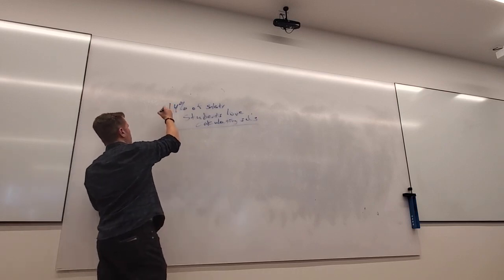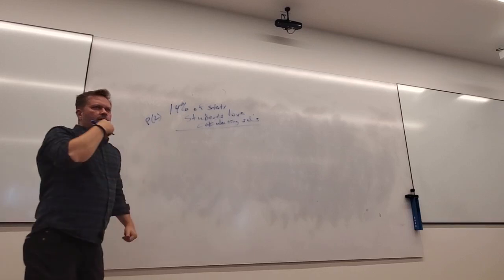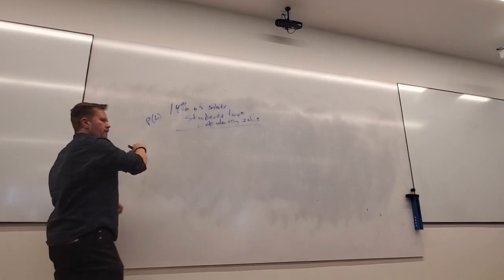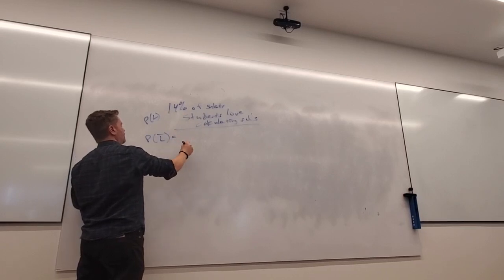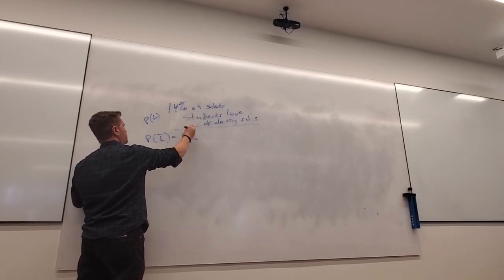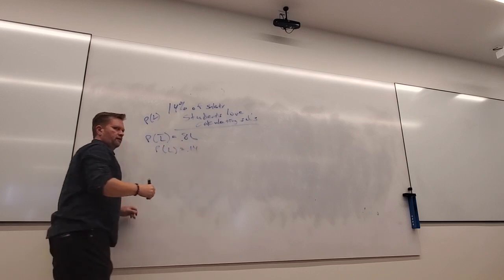So let's call this probability of L, right? What's the probability somebody does not love it? 0.86, I love it. So this will be 0.14 for loves it, 0.86 for doesn't love it.